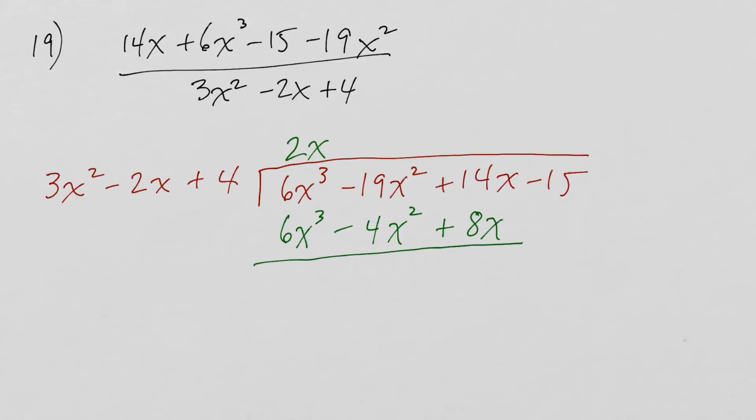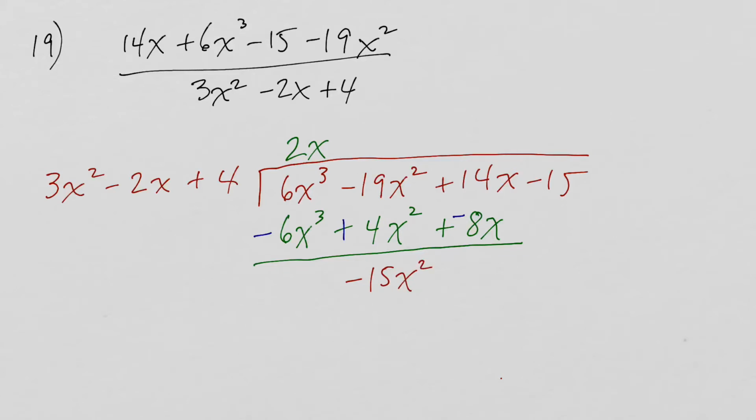Now, we have a bunch of negatives, and subtracting negatives is confusing. It's easy to make a mistake. So I'm going to flip the sign of the bottom row and add rather than subtracting. And that's the same thing as subtracting. So I have negative 19 plus 4 is a negative 15x squared.